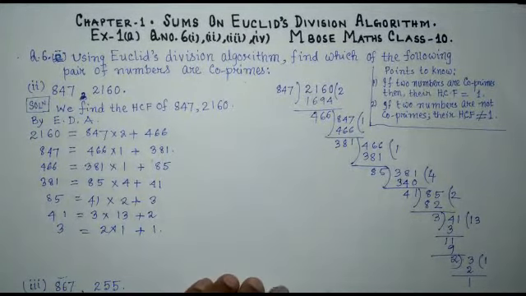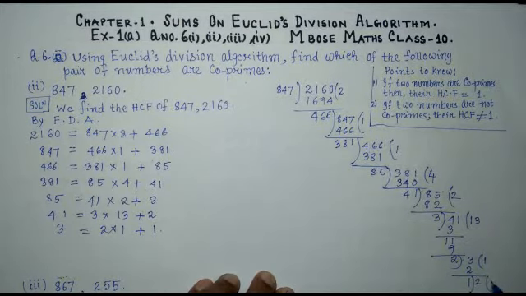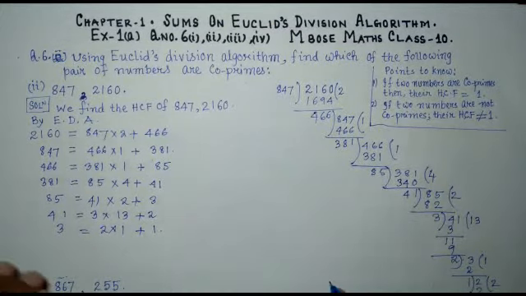We have to carry on the division until we get the remainder 0. So this 2 will come now. See how many times it will go. It is 2 times. 1 into 2 is 2. Then subtracting we get the remainder 0.